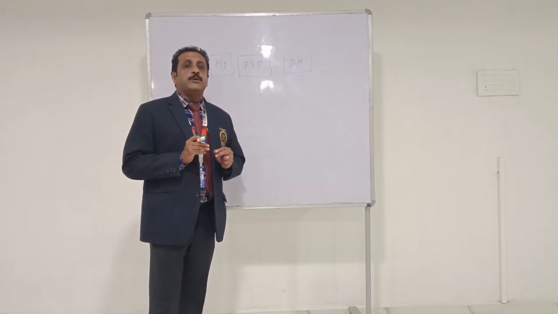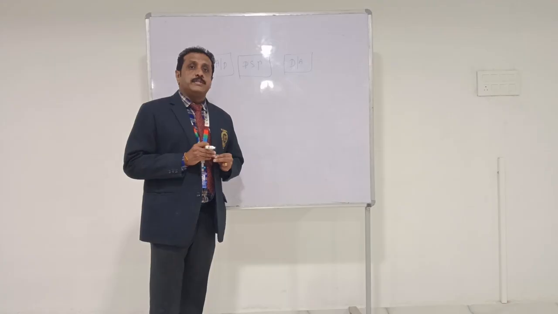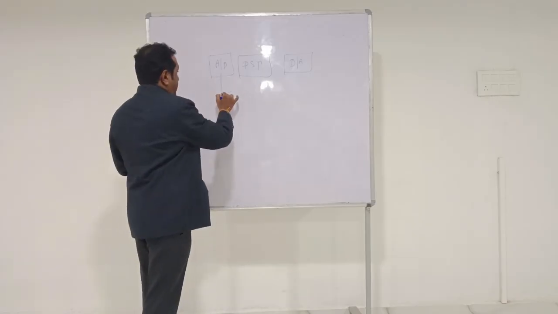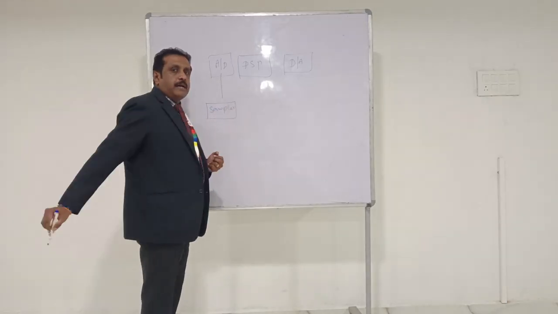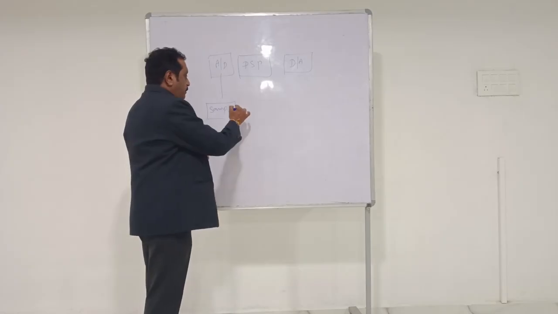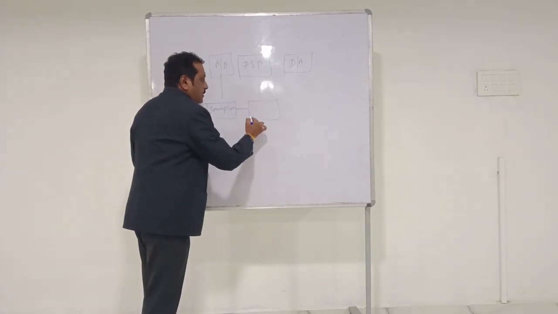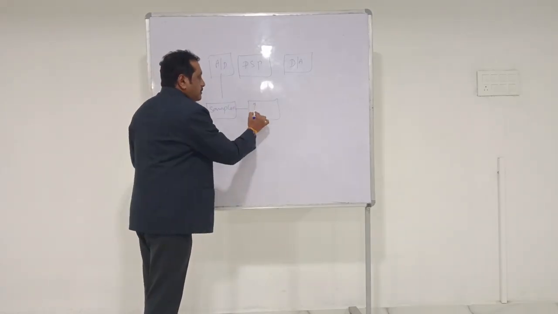So the first part, we need to convert the analog into digital. We have to know what are the blocks inside this A to D converter. Inside it, the first block is a sampler. We need to sample the continuous time signal, followed by a quantizer.